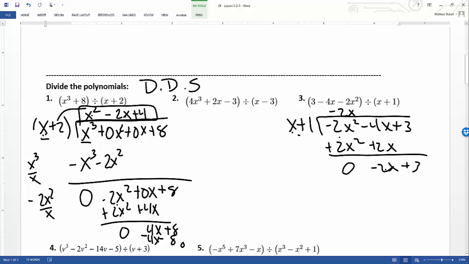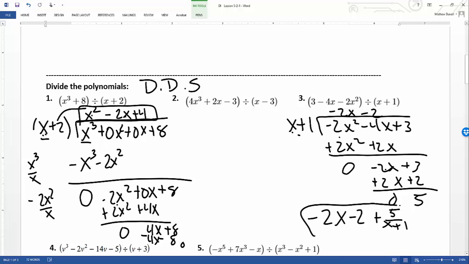Divide, distribute, subtract. So I have a remainder. So the way that we want to write this is going to be negative 2x minus 2 plus 5 over what we divided by.